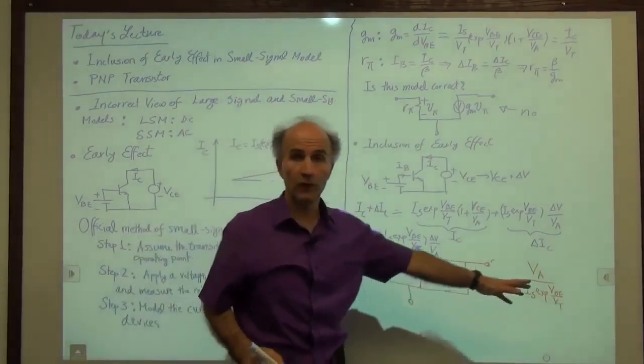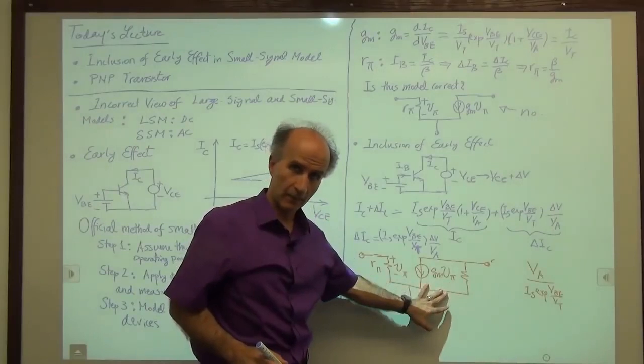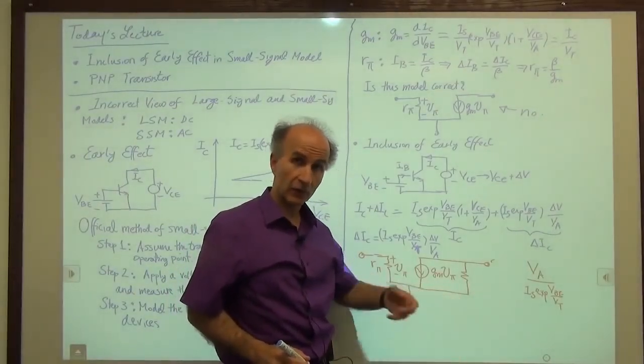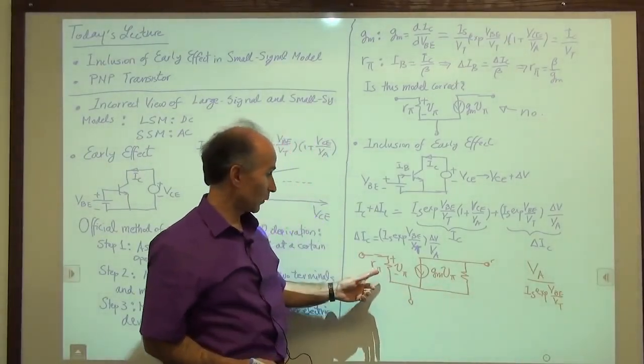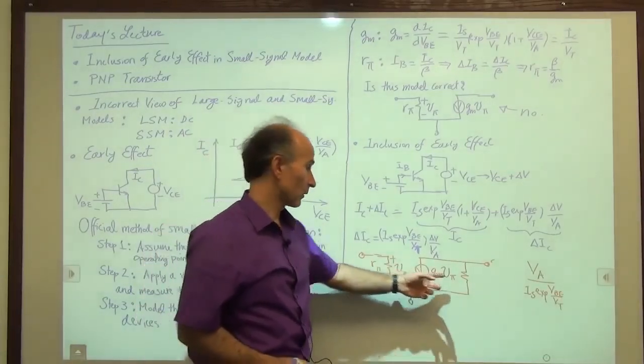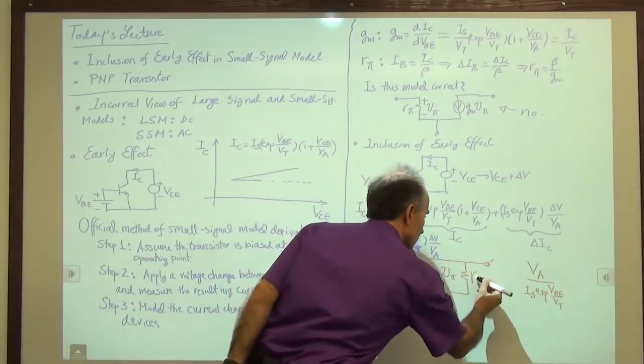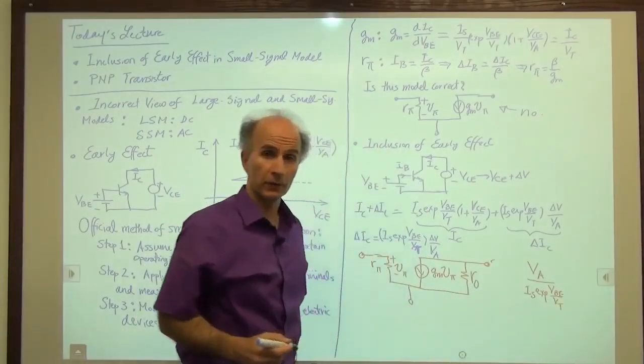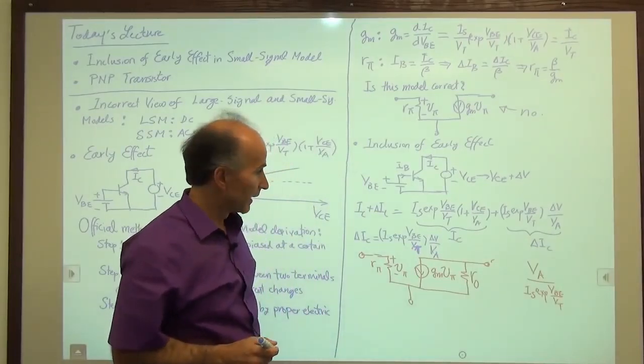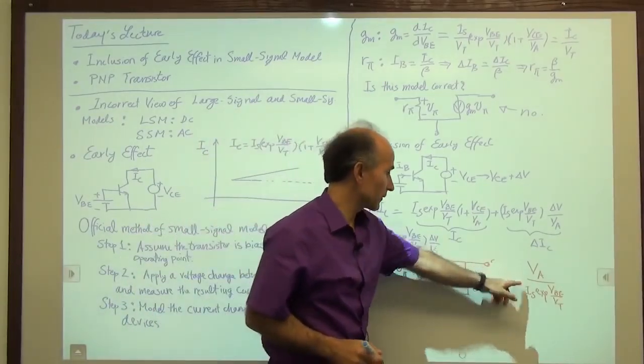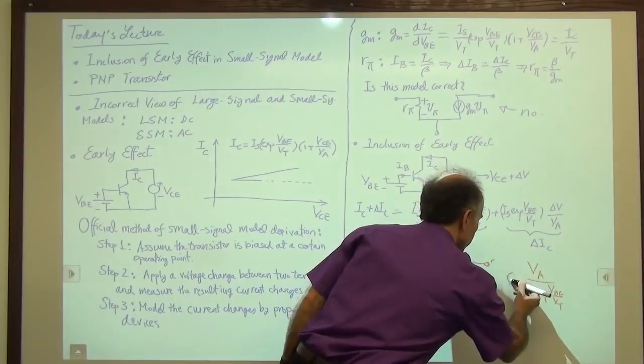Now, because we don't want to write this all of the time in this model, we will give this resistor a name, just the way we did this one. We will call this RO for output resistance. And this RO happens to have this value. So this is RO.